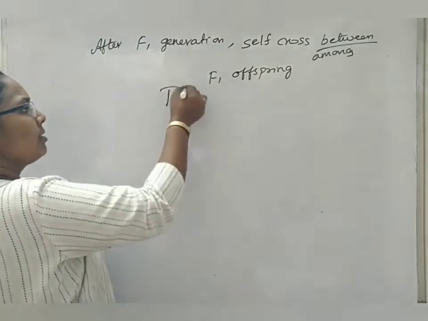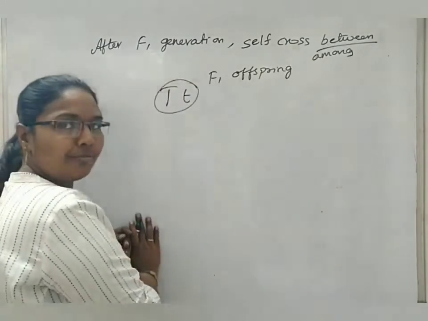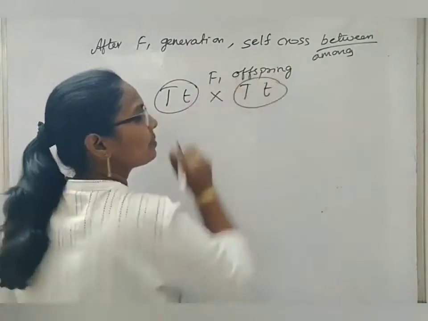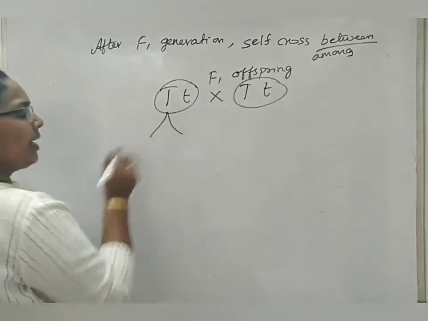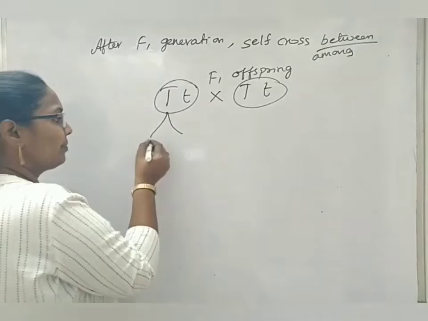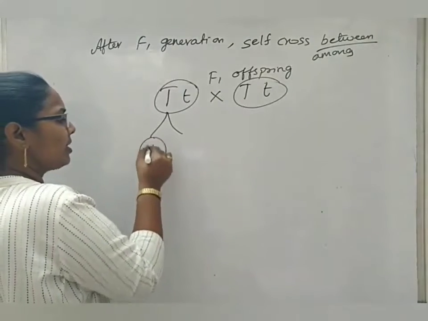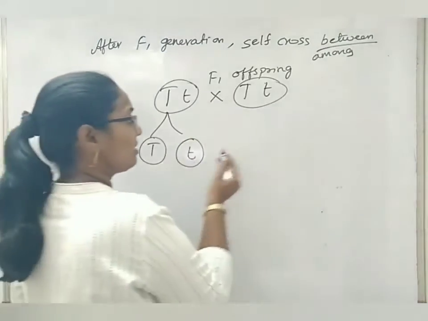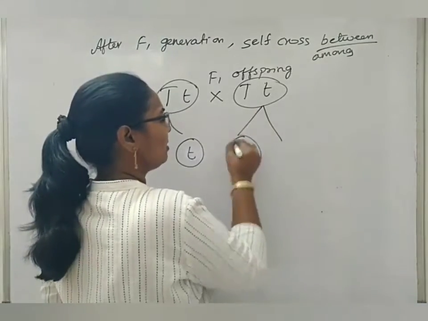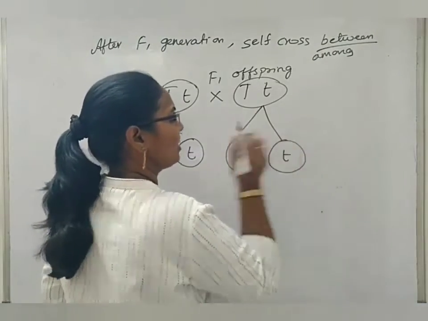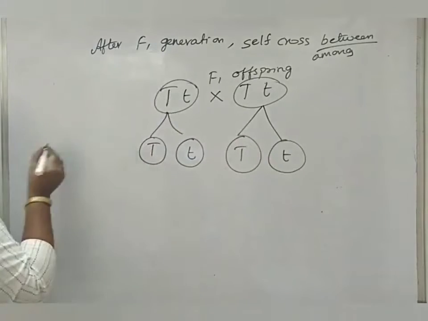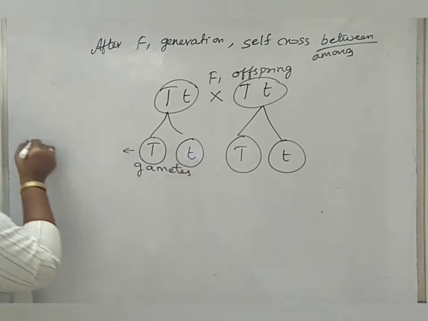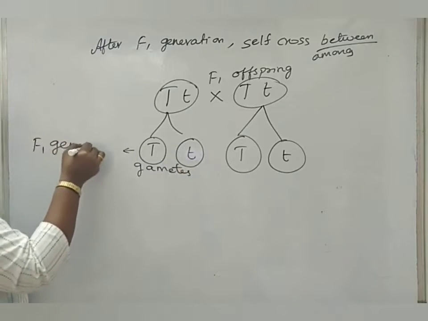So let's cross this type of F1 generation offspring with that of F1 generation offspring. Now let's get the gametes. Think that this is a male gamete which is having capital T, another male gamete which is having small t, meaning recessive allele. Here also the gametes with dominant allele, gamete with recessive allele. So these types of gametes are called F1 generation gametes.